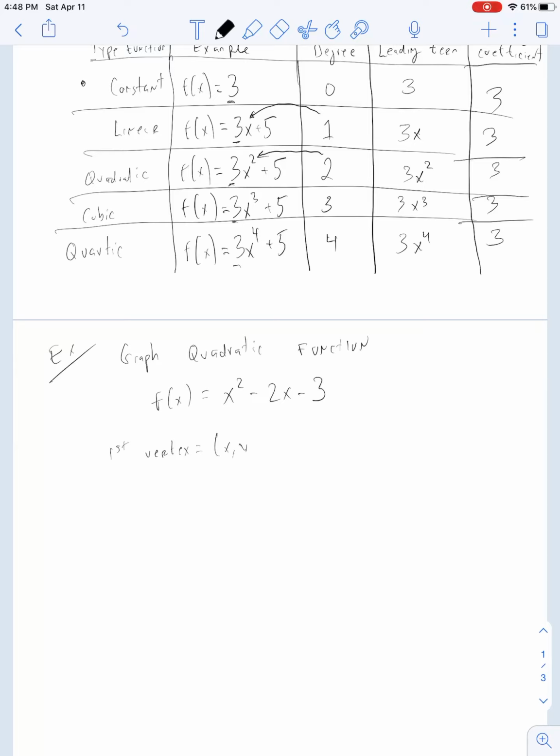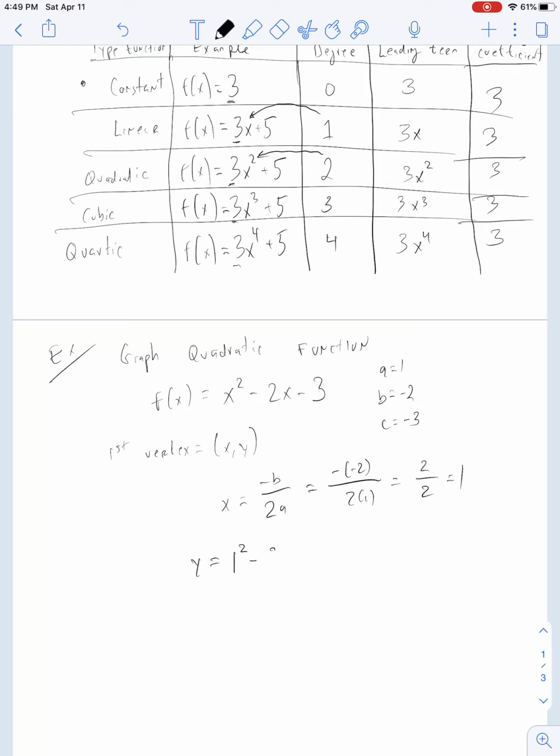The vertex is an xy ordered pair. And we know that x equals negative b over 2a. We take a look: our a is 1, b is negative 2, c is negative 3. So this is negative negative 2 over 2 times 1, and two negatives make a positive, which gives us 1.